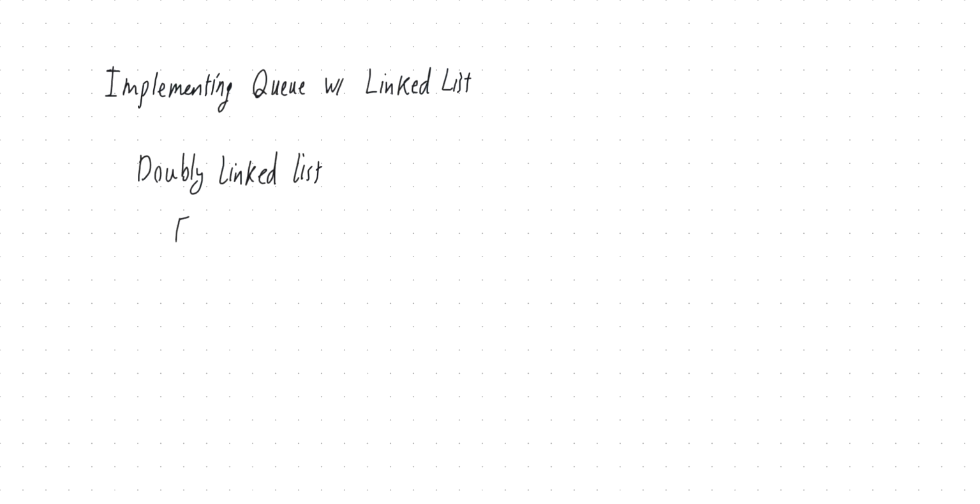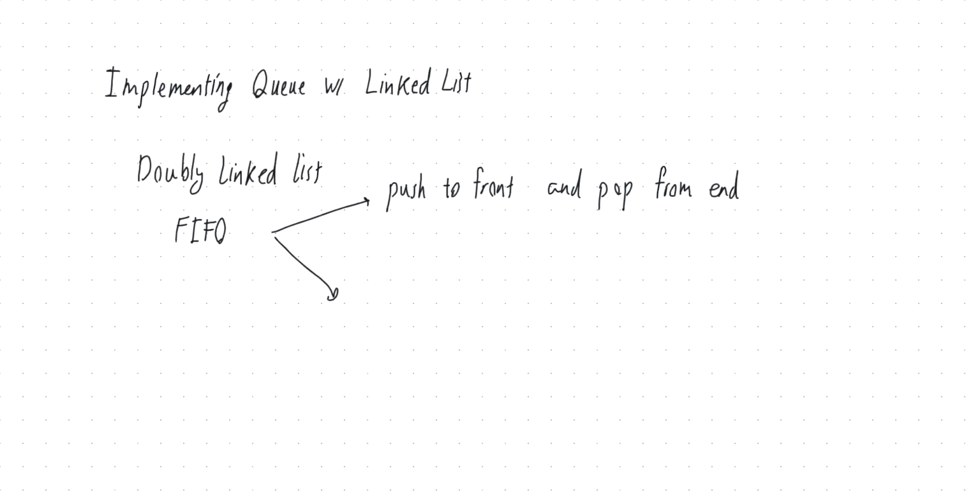Okay, so the only thing that's important in this case is that since we are looking at the behavior first in, first out, you have two options. You should either push or NQ to the front and pop or DQ from the end of your linked list to get the behavior of first in, first out, or do the opposite, which means you push, or NQ, to the back of the linked list and pop, or DQ, from the front of the linked list.